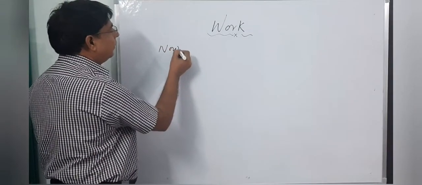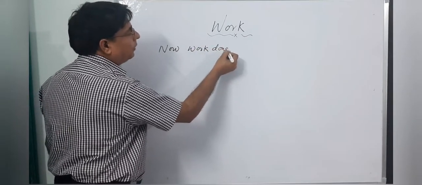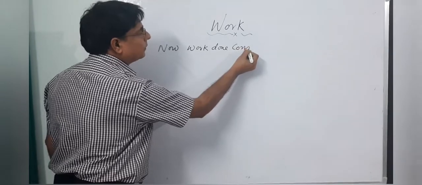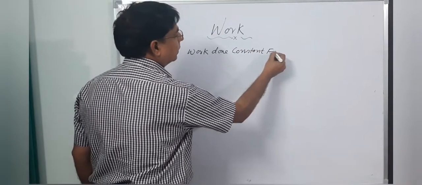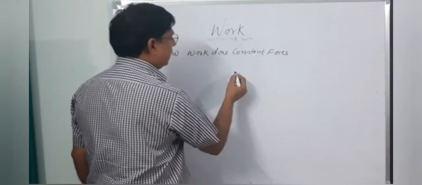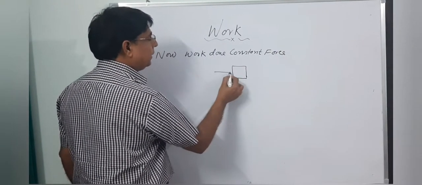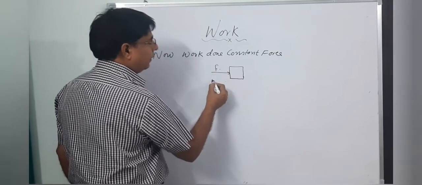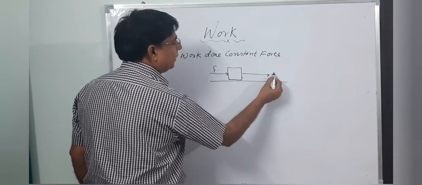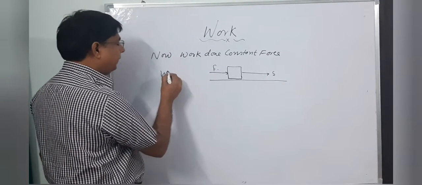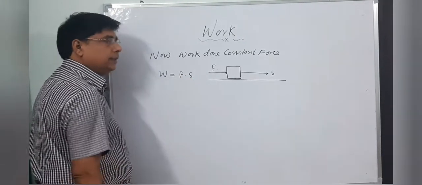Work done by a constant force. Suppose we apply a constant force F on an object, then there is a displacement in it, then we know very well that work equals Fs.